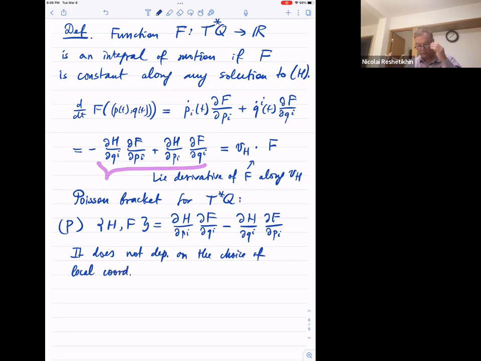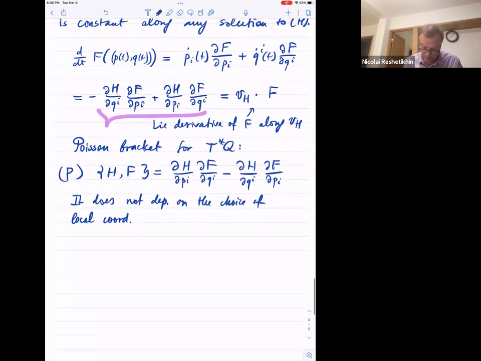You choose another system of local coordinates. On the overlap of these two coordinate systems, the coordinate transformations for the derivative in P will cancel the Jacobian for the derivatives in Q, and the expression will stay the same. So it's globally defined, and we will see how to do it in coordinate-free form.